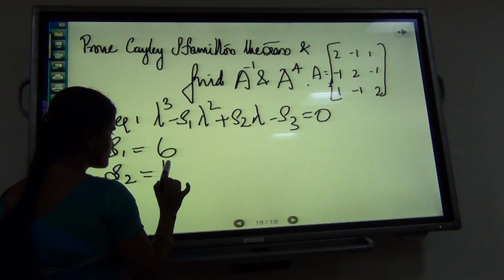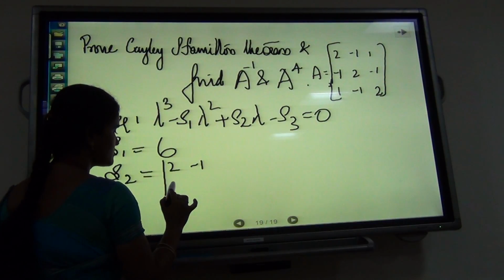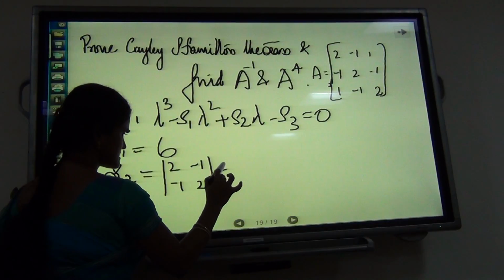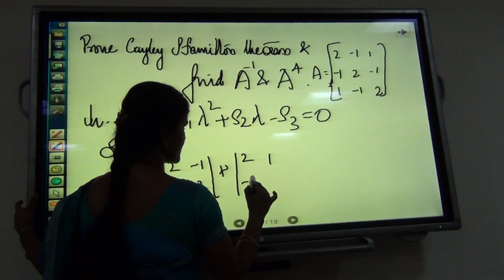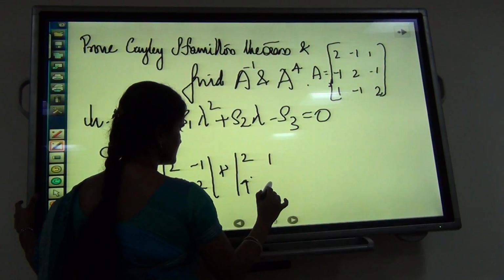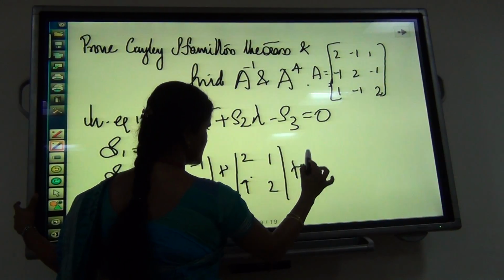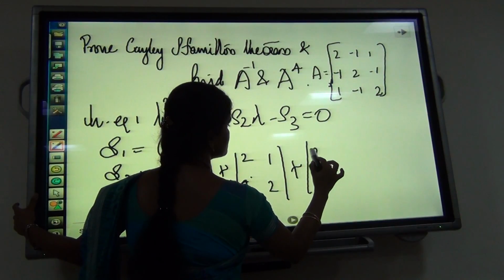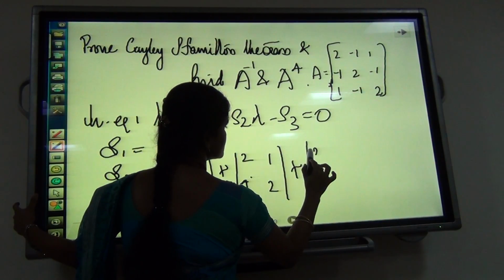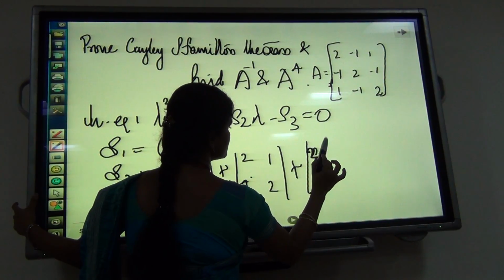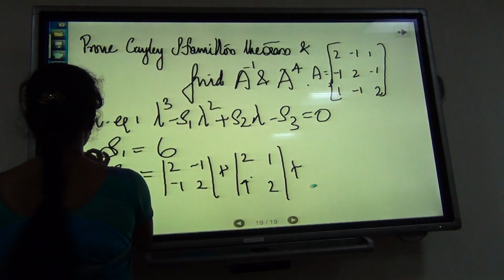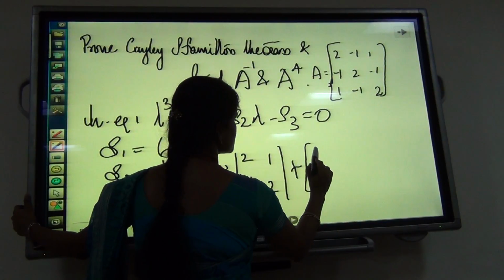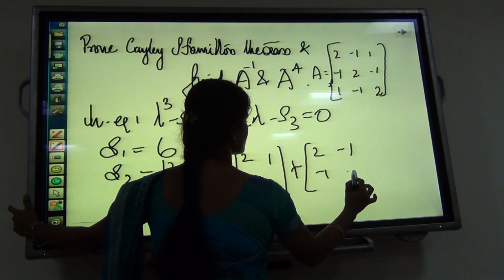What is the sum of the minors? 2 minus 1 minus 1 2, plus 2 1 1 2, plus 2 minus 1 minus 1 2.